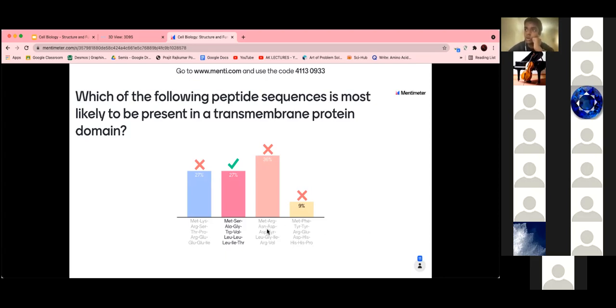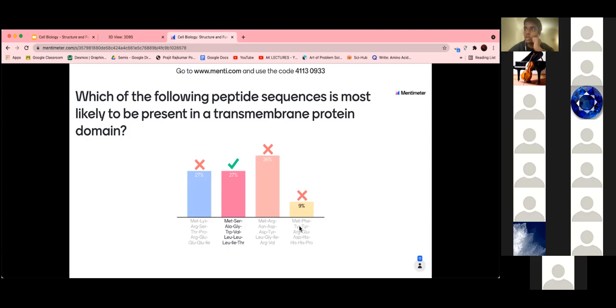Right here, you have arginine, asparagine, aspartate, and a couple other hydrophilic residues. So once again, that's not likely to be present in a transmembrane domain. And right here, you also have a decent amount of hydrophilic residues, including all of these histidines, the proline, the asparagine, the arginine.